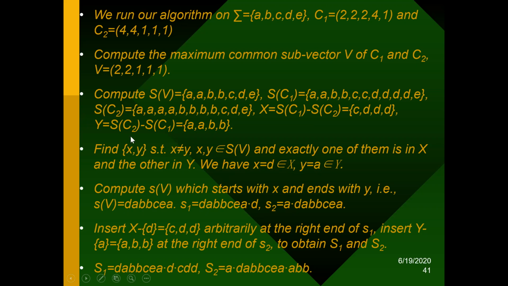And Y contains little a, so I put A at the front. Therefore, we create one additional adjacency. For the remaining ones, you just put them arbitrarily at the two ends without breaking the existing adjacency.